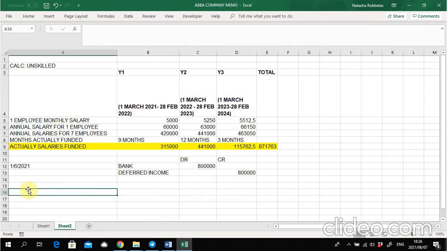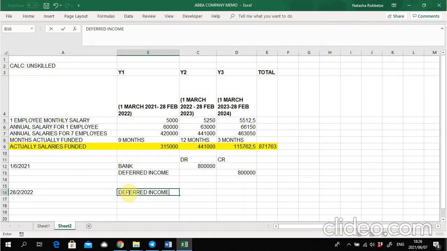Then by the end of my financial year, I am on 28 February 2022. And now I need to take the deferred income and I need to move some of it against my employee cost. Again, it can be employee remuneration also, or salaries.